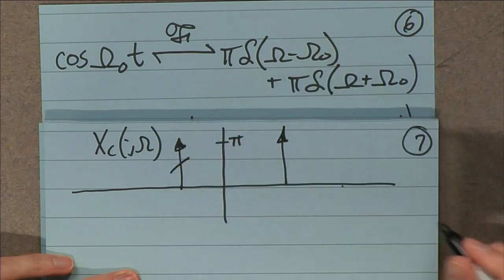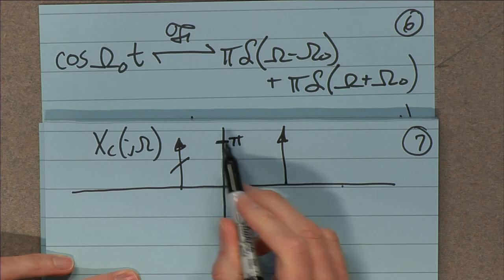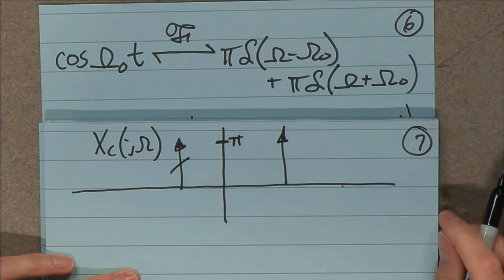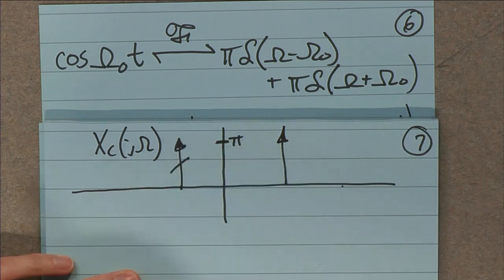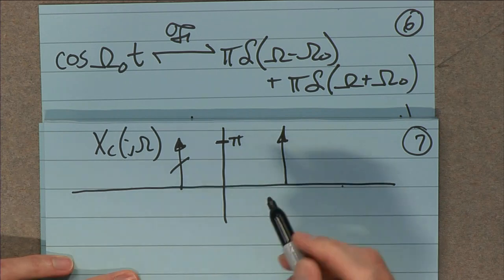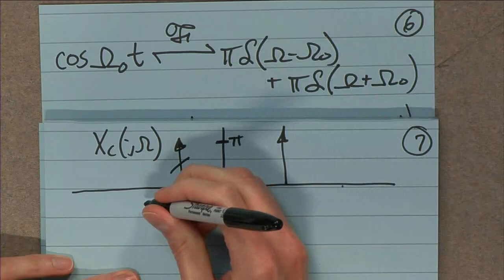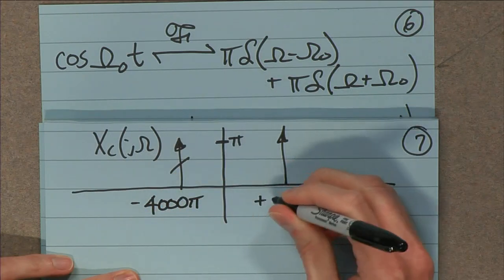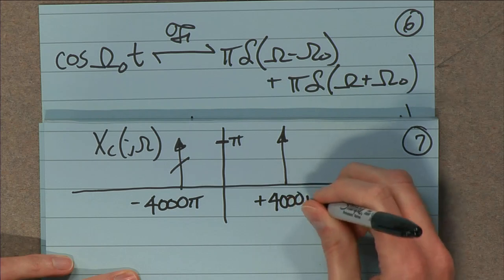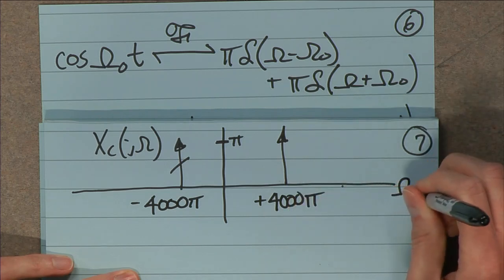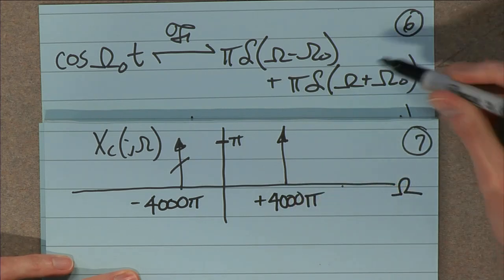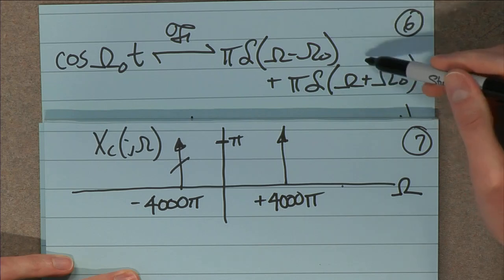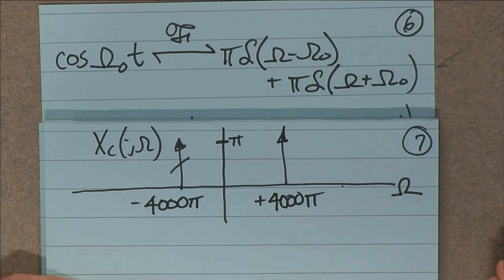It doesn't really mean a height, because delta functions are infinite in height, but it's just reminding us that the size of these delta functions is pi. And our signal was at minus 4,000 pi and plus 4,000 pi. So these two delta functions result in these two peaks, or plots, here.